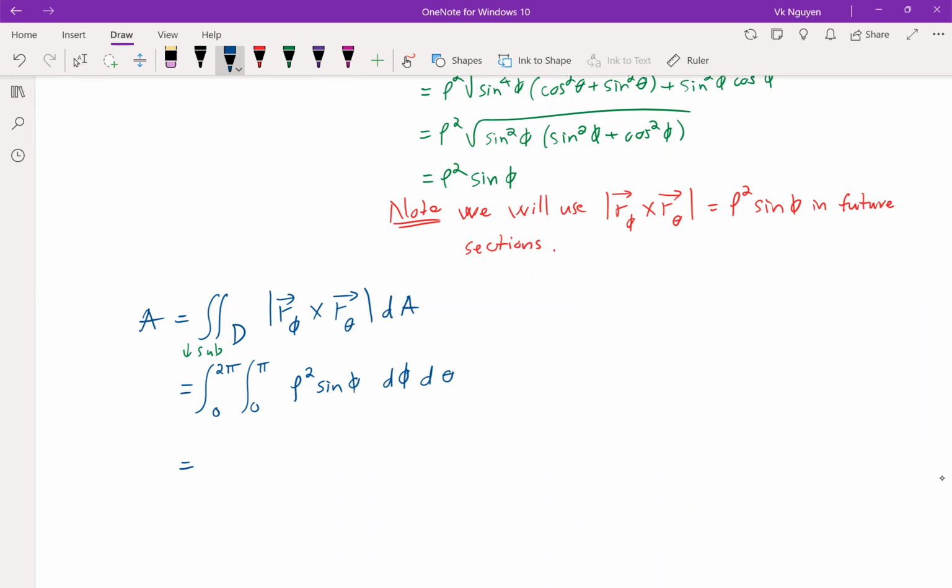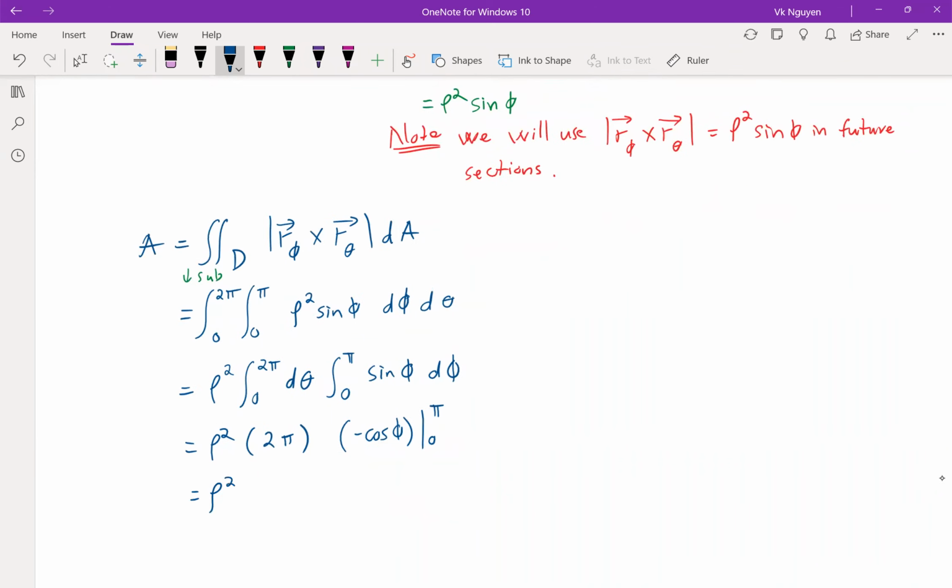So rho square is just a constant, right? So rho square, integral 0 to 2 pi d theta, integral 0 to pi sine phi d phi. Rho square times 2 pi and integral of sine is negative cosine. Rho square 2 pi and negative of cosine pi, negative negative 1.